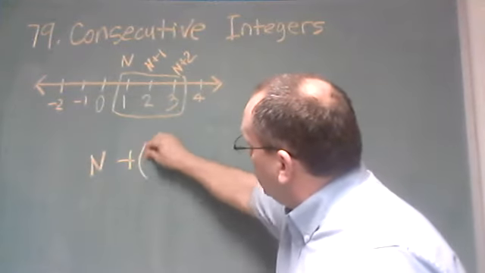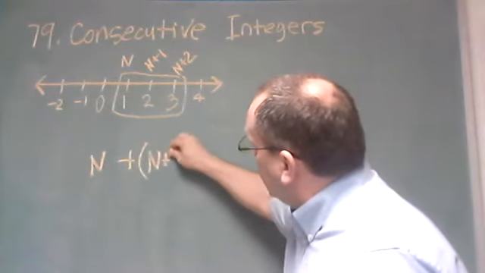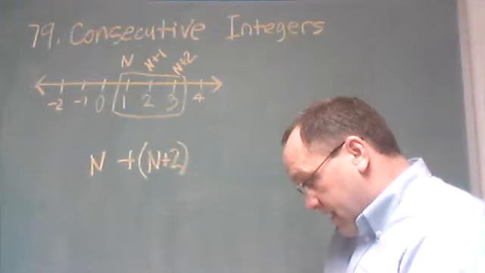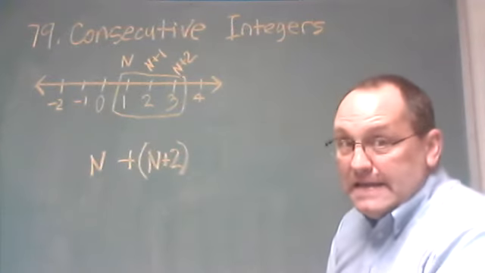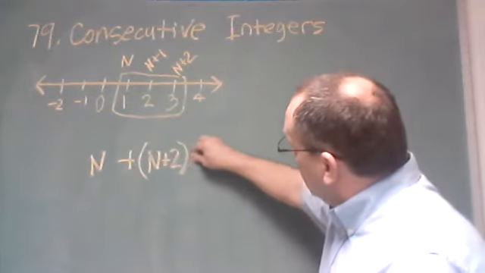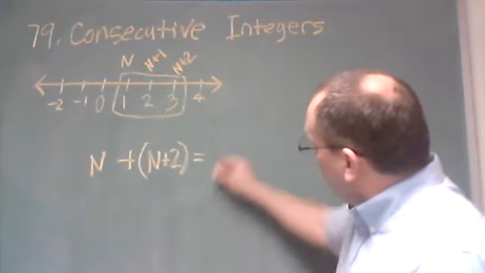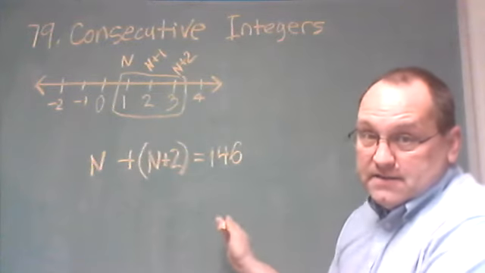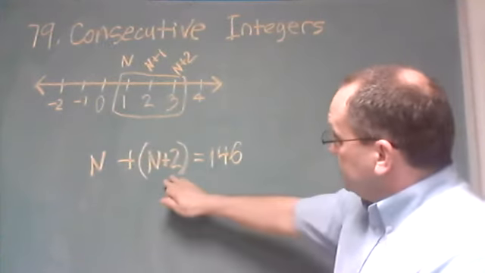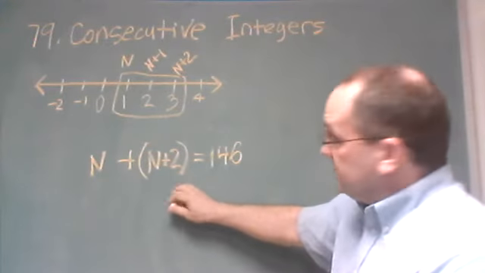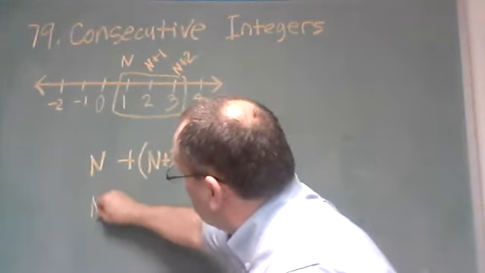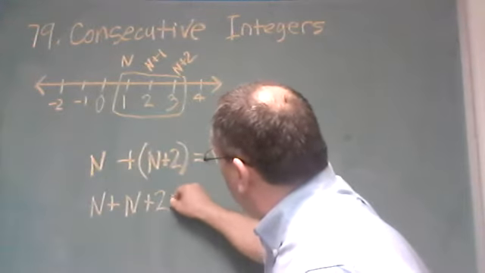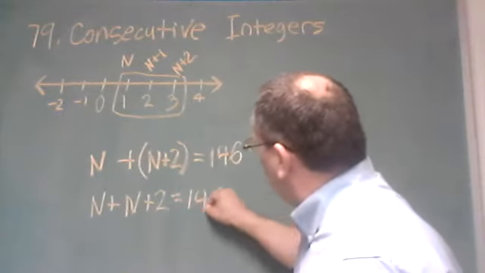I'm going to put that in parentheses. It's good practice to start doing that right now. And it says the sum is, and every time we see that word is, it's an equal sign, 146. So that is the setup for the equation. Now we notice there's nothing to do inside the parentheses, so we can get rid of that. We can say n plus n plus 2 will equal 146.